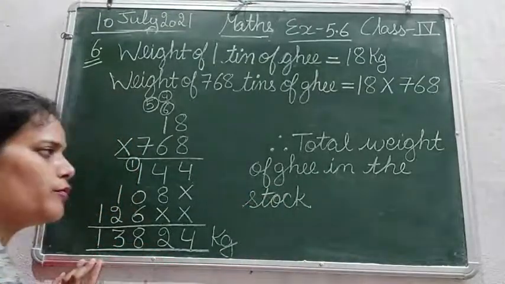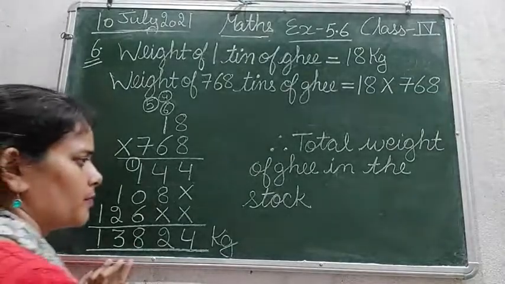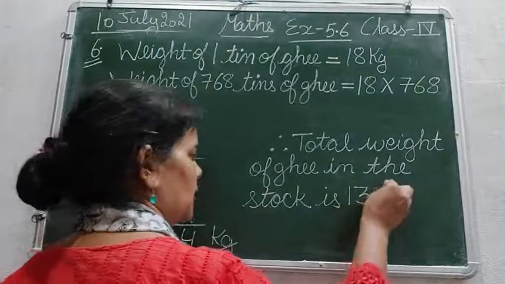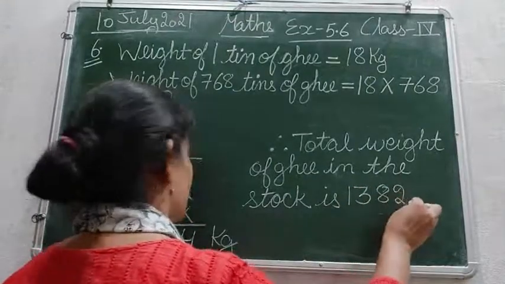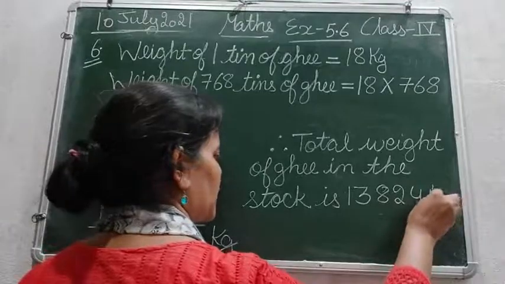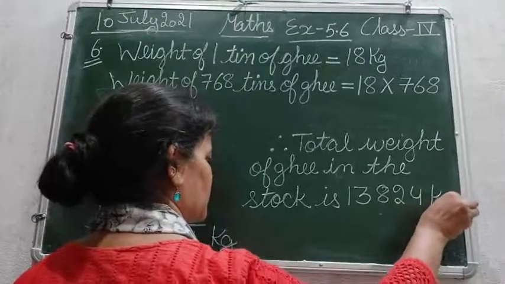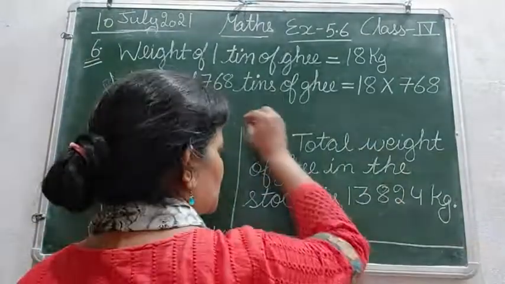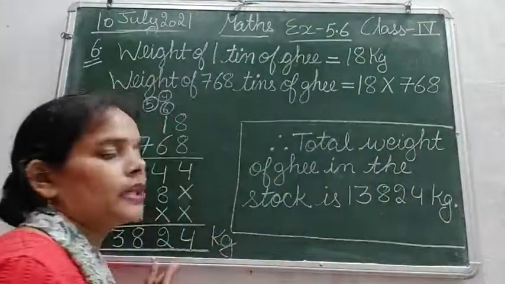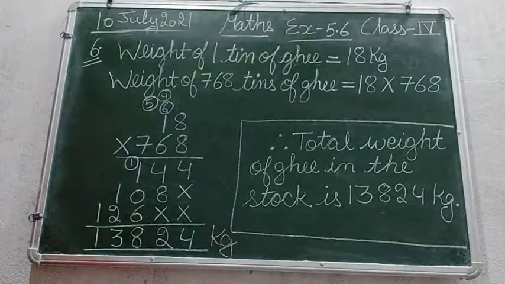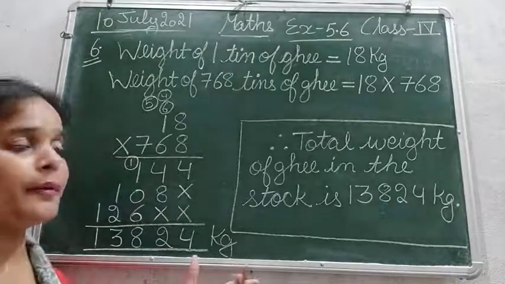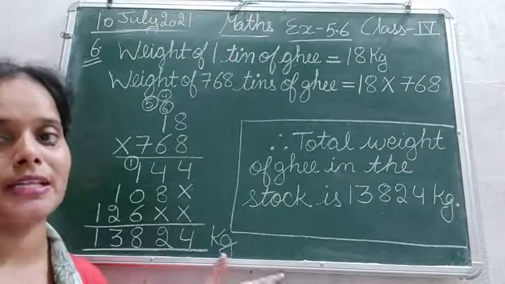Therefore total weight of ghee in the stock is 13,824 kg. That is, therefore total weight of ghee in the stock is 13,824 kg. Okay, so this is the total weight of ghee. So this is how we are going to calculate this total weight of ghee.